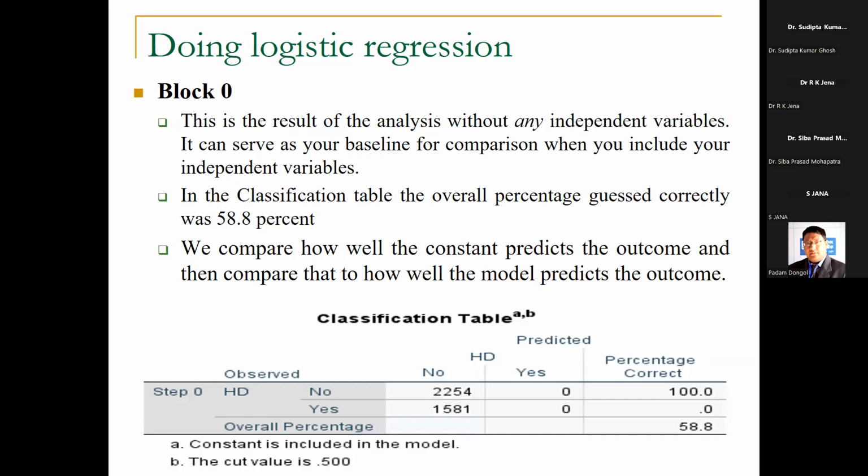In the classification table, the percentage of classification is only 58.8. That is the accuracy: 58.8 percent of data has been classified accurately, where the model doesn't use any independent variable. This is for reference.